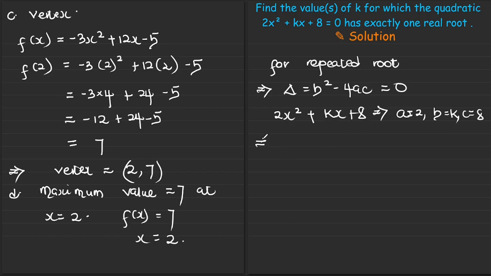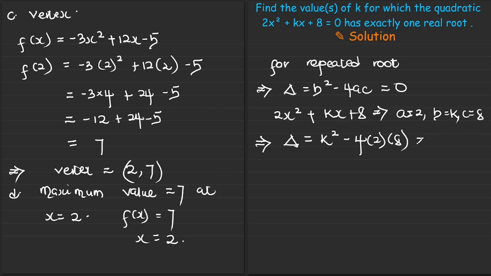So substituting into our delta, we have delta being equal to b squared. The value of b is k, so k squared minus 4a. A is 2, so times 2, then c, which is 8.